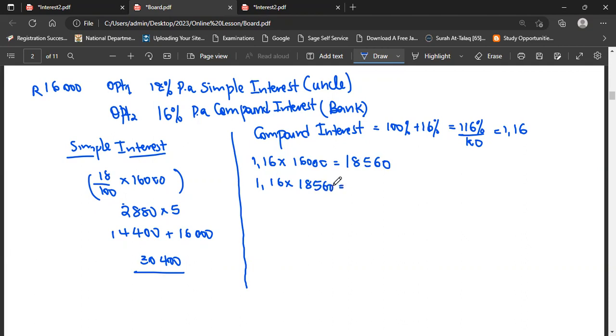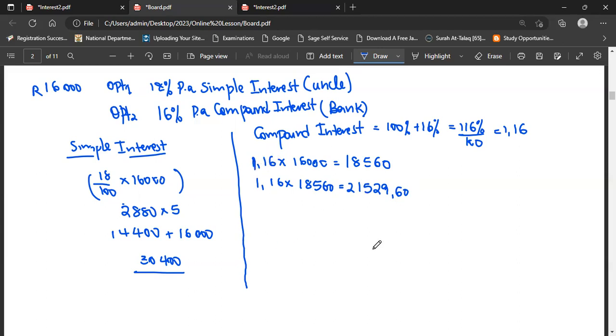It's accumulating. We shall have to do 5 steps because the money is taken for 5 years.